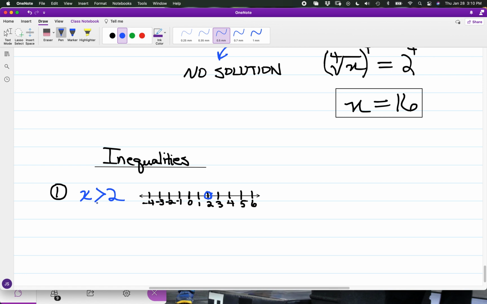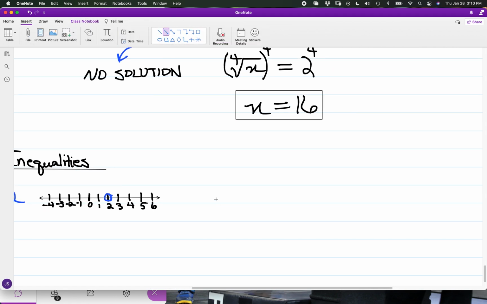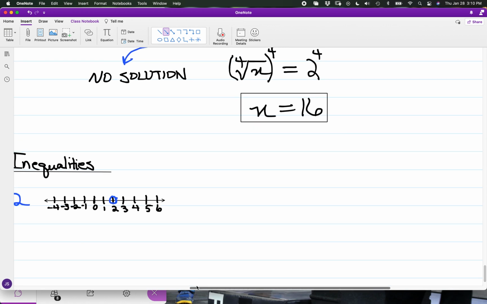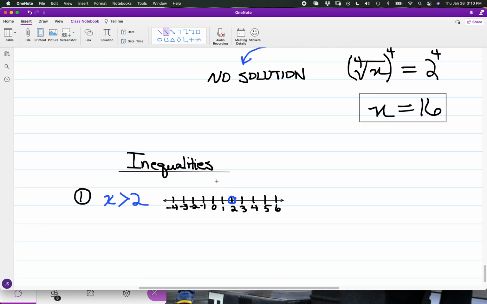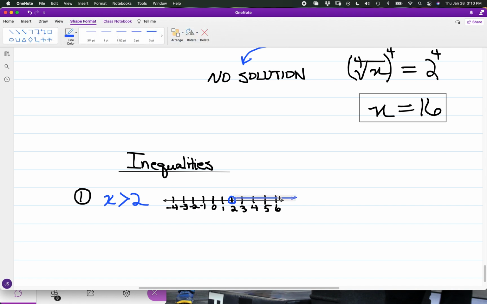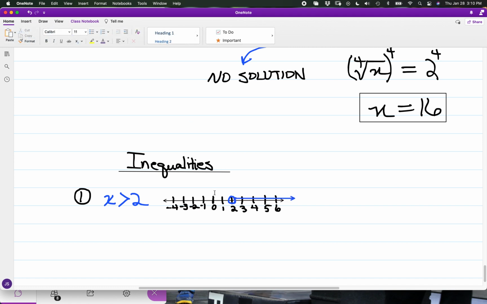For x is greater than 2, x represents those values to the right of 2, so I'm going to have an arrow going out to the right. This is the graphical display of x is greater than 2.